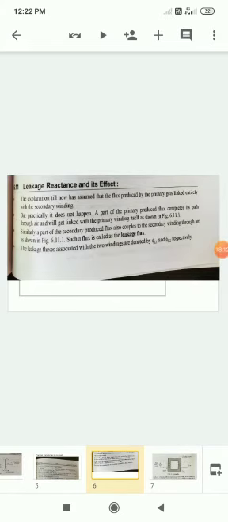Now coming to the leakage reactance and its effect. In the explanation till now, we assumed that the flux produced by the primary links entirely with the secondary. We have already discussed in our previous slides that whenever the primary flux changes or the voltage level changes, it will induce a flux inside the core, and this flux links with the secondary coil because of the mutual inductance concept.